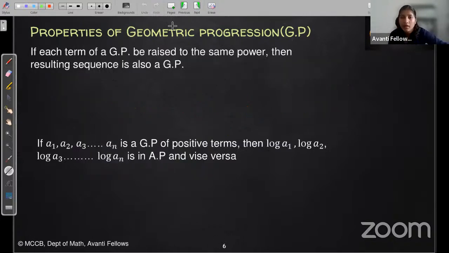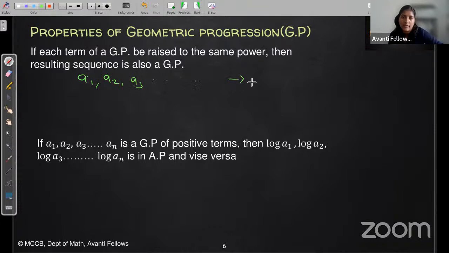Next is, if each term of a GP is raised to the same power, then the resulting sequence is also a GP. So let me consider a GP, say A1, A2, A3, so on.